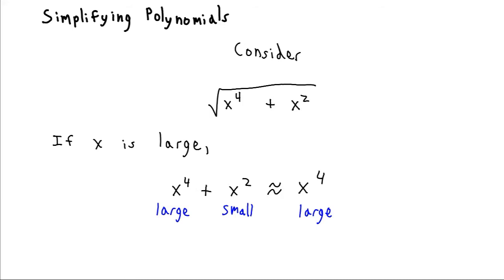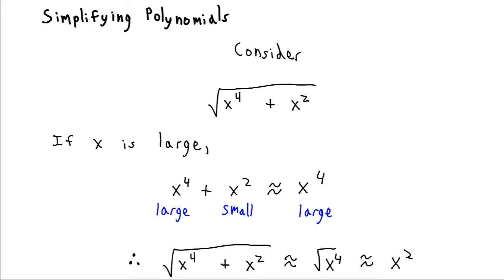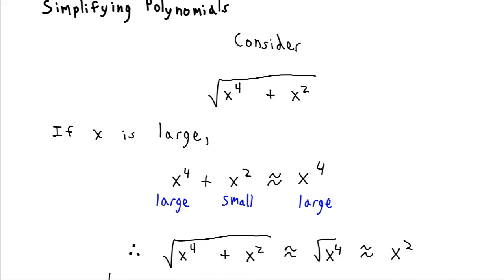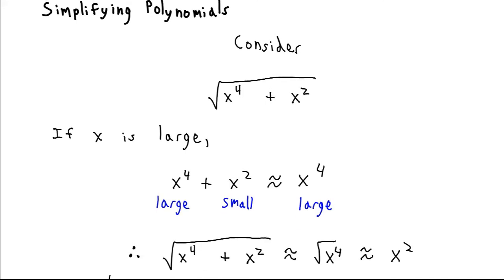So, on the whole, this sum is going to be about equal to the larger of these, the x to the 4th. And so if we take the square root of x to the 4th, we get x squared.